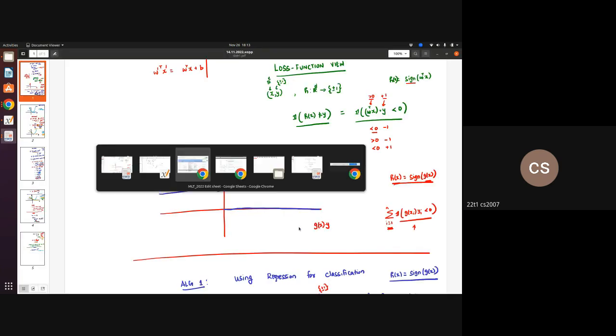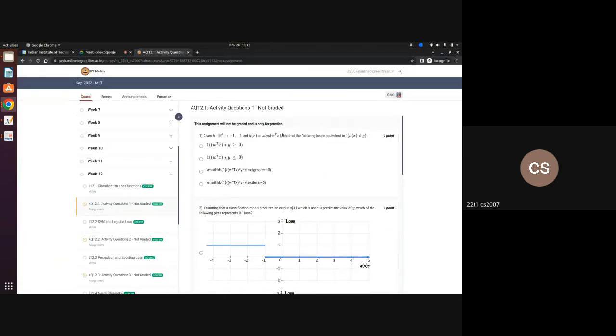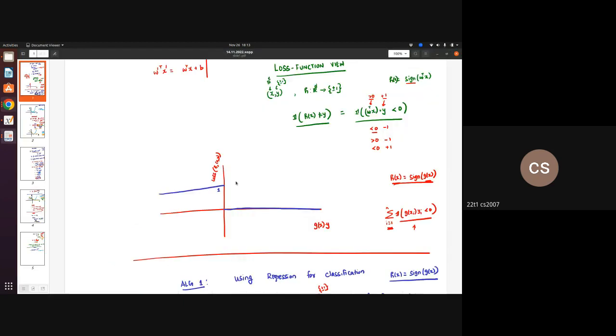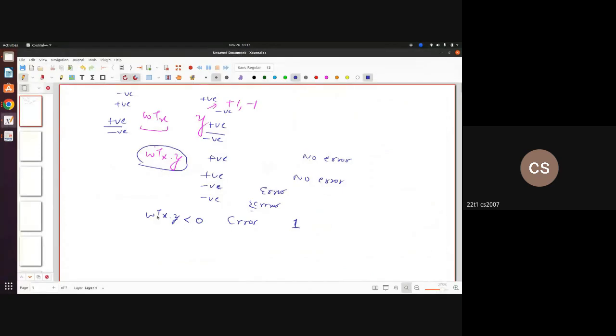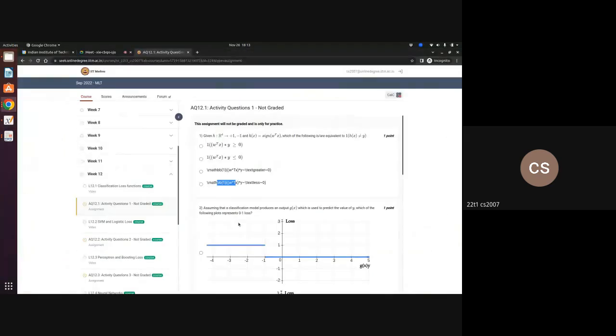So that's the equivalent story. See, h of x is equal to sign of W transpose X. If you are not looking at the sign, you're just multiplying W transpose X with Y. The error will happen when the multiplication of W transpose X and Y is less than 0. So the fourth option is the correct one.